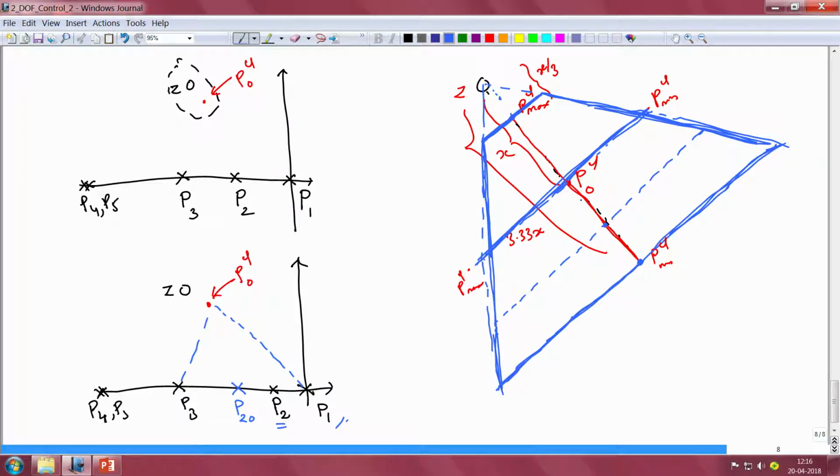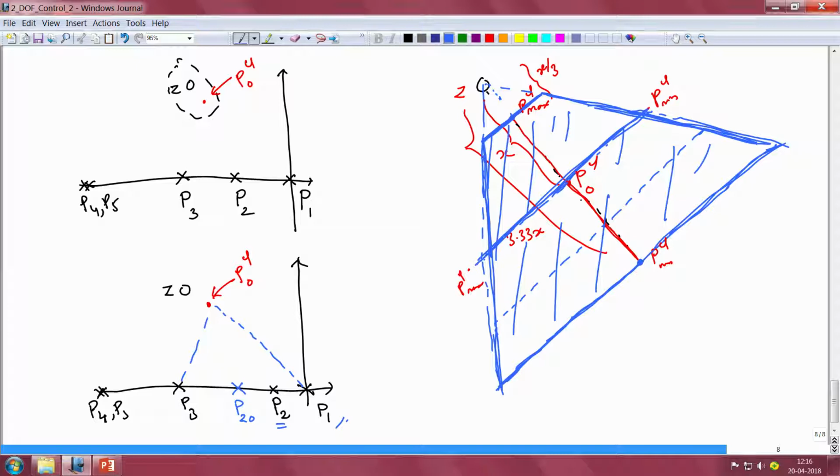For any other intermediate combination of plant gain and pole location, the closed loop pole will be located somewhere inside this area. So this area is the region within which the closed loop pole would vary when the plant gain and pole locations assume different values within the ranges that have been specified to us.